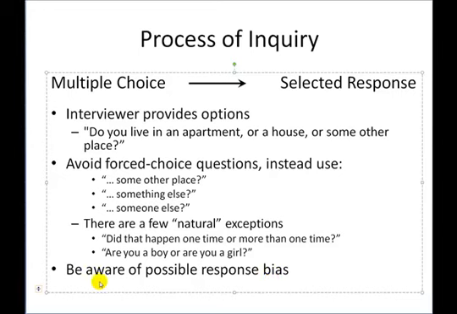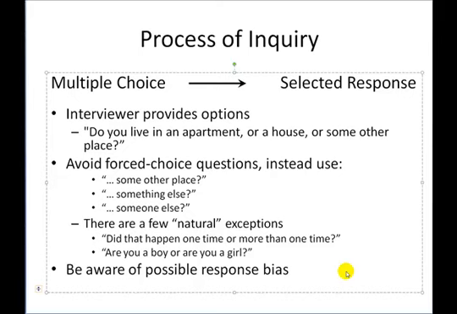Of course, we always want to be mindful of what's called response bias, and that occurs sometimes when the questioner cues the child or questions the child in a way that makes the child believe that the interviewer wants the child to select one response over the other.